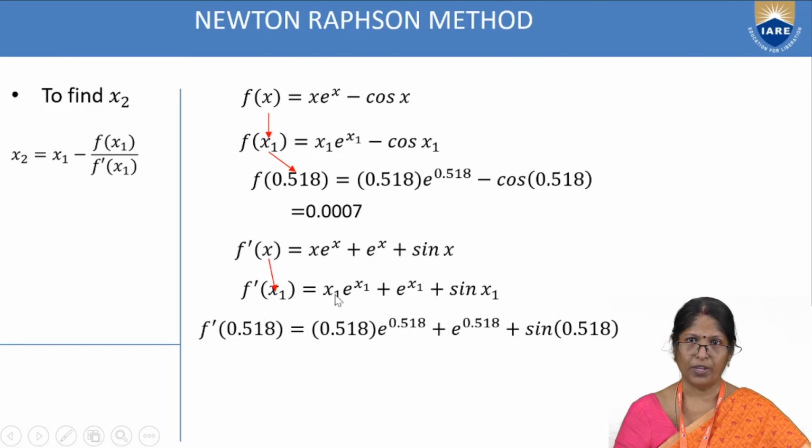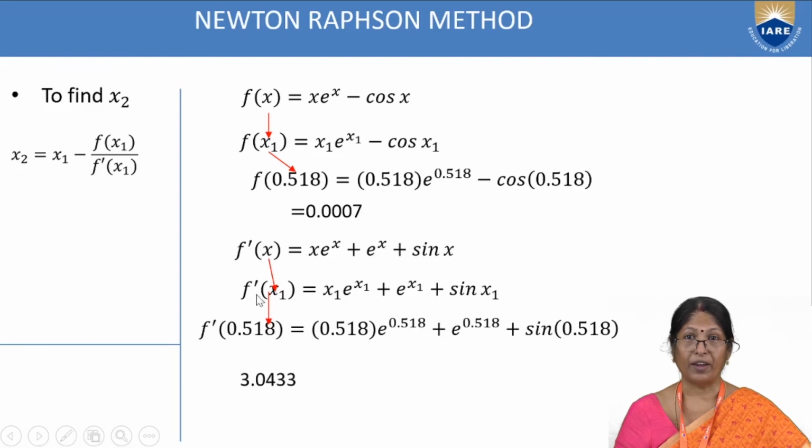So we are substituting here x1, here e power x1. Again, e power x1 is taking the value 0.518, and sine of 0.518. You can see the small red arrow marks, so x is becoming x1, and x1 is taking the value 0.518.